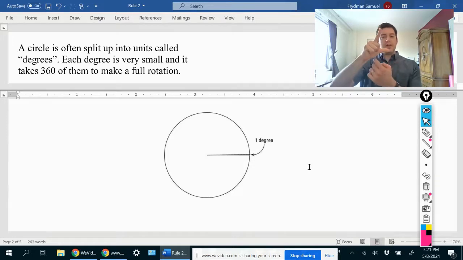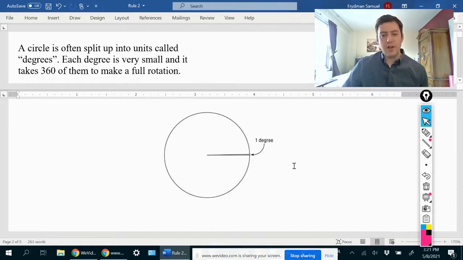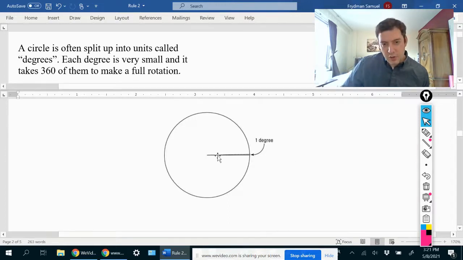So when we talk about measuring angles, we're talking about the amount of rotation between 2 lines. If these 2 lines are pretty close together, then there's not very much of a rotation between them in the first place. And we would call that 1 degree. Okay, and it takes 360 of these little guys to make a full rotation.